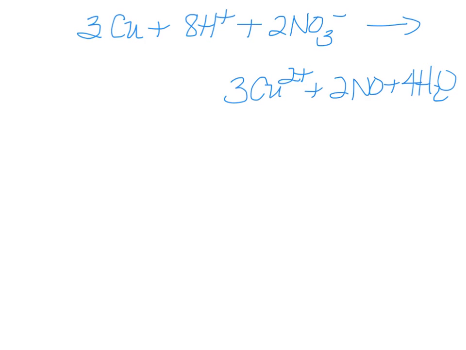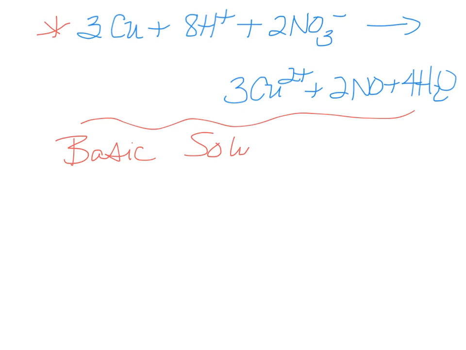All right, so here's the reaction we just balanced in acidic solution. Let's say that the instructions had said to balance it as if it were in basic solution. Okay, so what we would do is exactly what we've done so far, but we would add a step that says to add as many OH minus ions as you have H plus ions. Okay, so I'm going to show you how to do that.